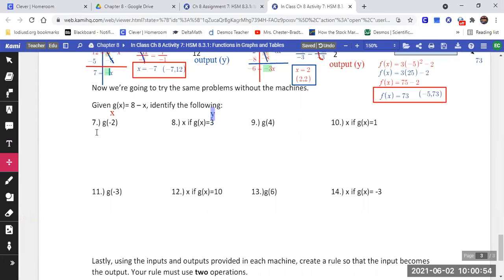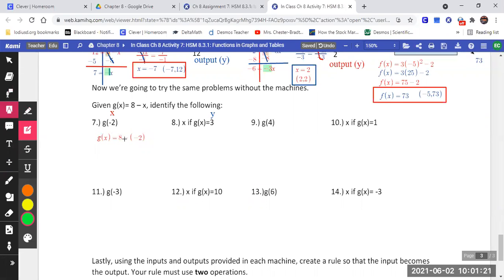So I rewrite this. My function, g of X, equals 8 minus -2. Because they gave me an X, it says subtract in the equation. My X happened to be negative, so I need the parentheses. What happens with this parentheses though? What does minus of a minus really make?